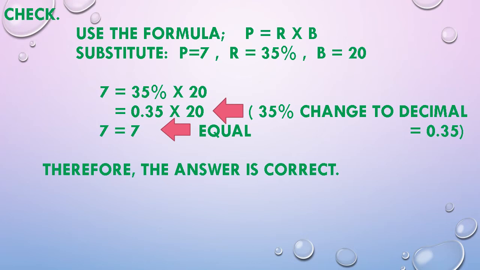So we are going to change 35% to decimal, which is 35 hundredths. So 35 hundredths times 20, the answer is 7. So 7 is equal to 7. Therefore, the answer is correct.